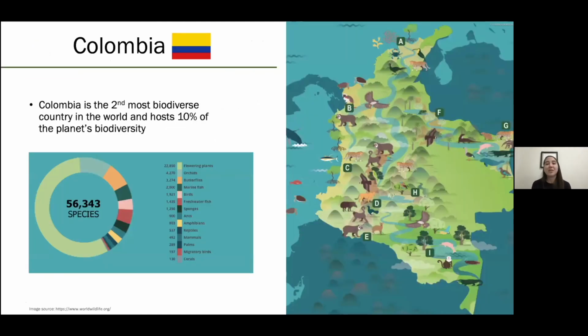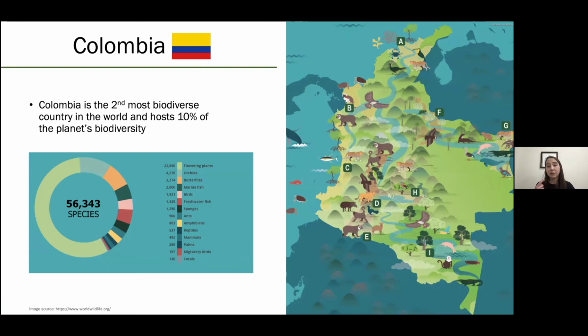And so now I was asked to talk a little bit about Colombia or the culture or whatever I wanted to talk about. So I think I have to start with one of my favorite facts about Colombia, which is that Colombia is the second most biodiverse country in the world, but it has around 10% of the whole planet's biodiversity.